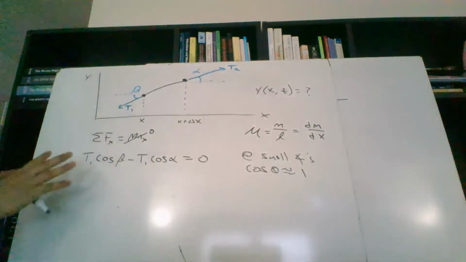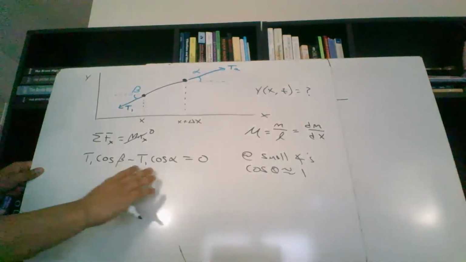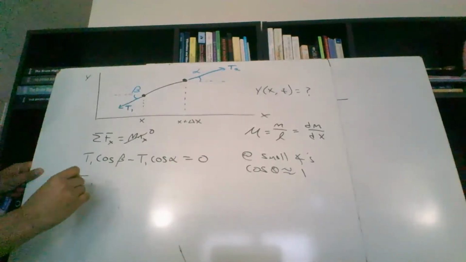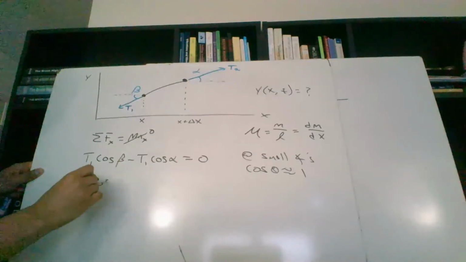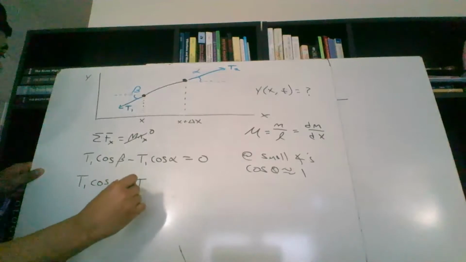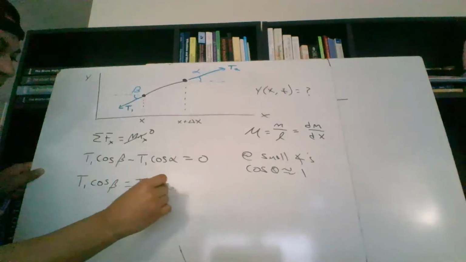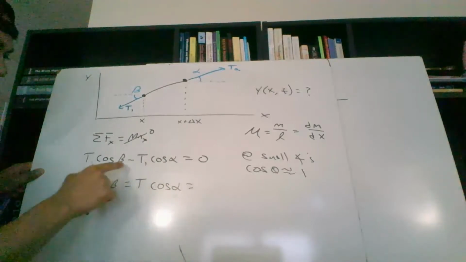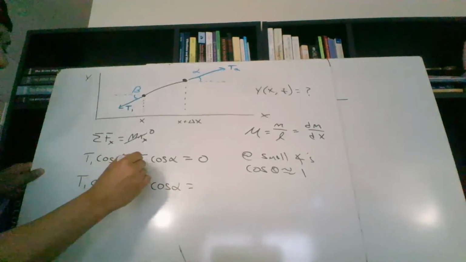And so what I'm going to say then is when I bring this to the other side, I have T1 cosine of beta is equal to T2 cosine of alpha. Did I write T1 twice here? This is T2.